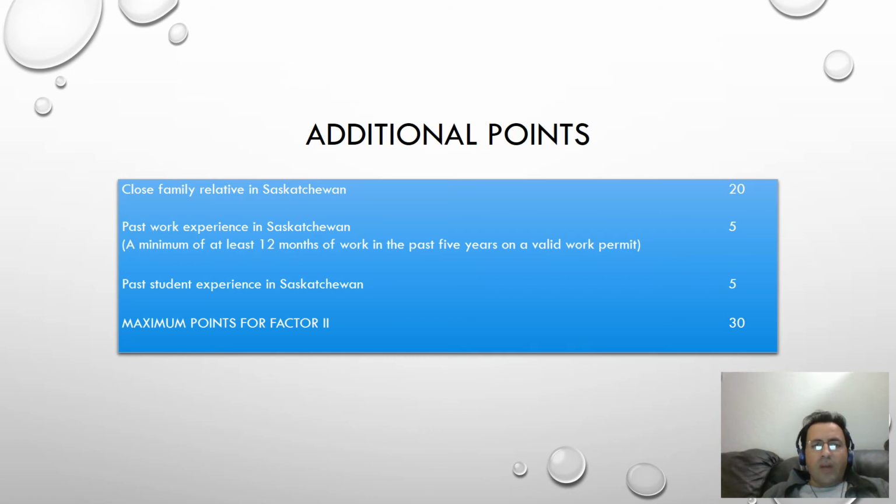For your close family relation, you can get another 20 points. If you have a brother, sister, niece, anybody working in the same province, you can get 20 extra points. And if you have past experience in the Saskatchewan province, and that experience is more than a year, then you can get another 5 points.